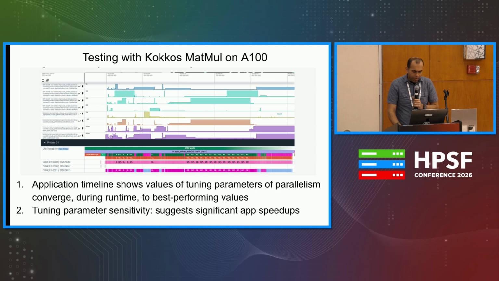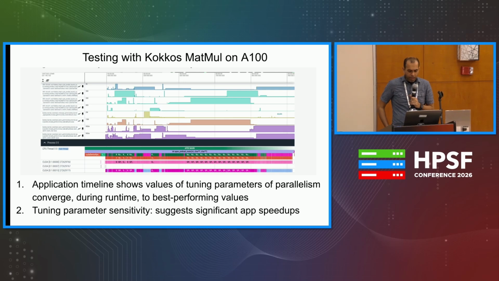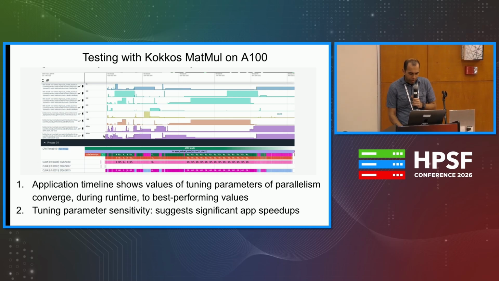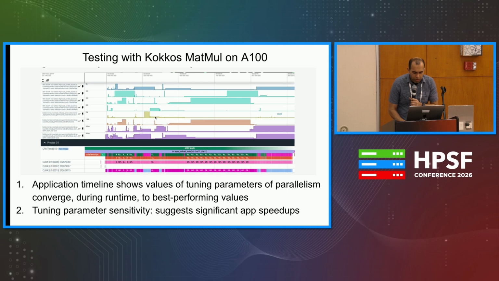There are some positive results for using this tool, Apex. The key thing I want to note here is that this is an application timeline profile of a tuning session for Kokkos MapMul. If you look at this plot, you can see these values changing and then converging essentially right here.